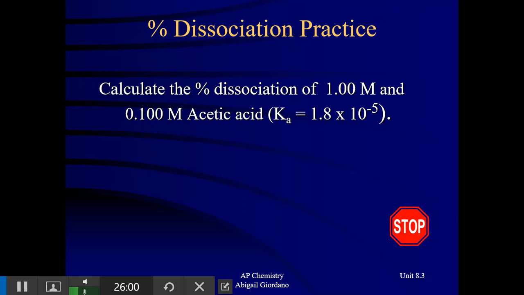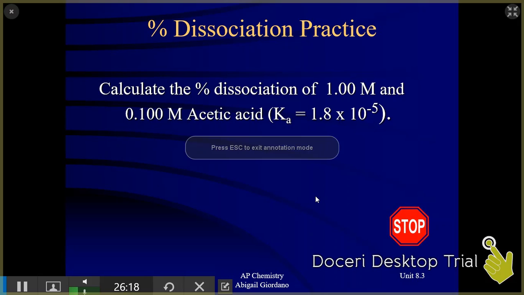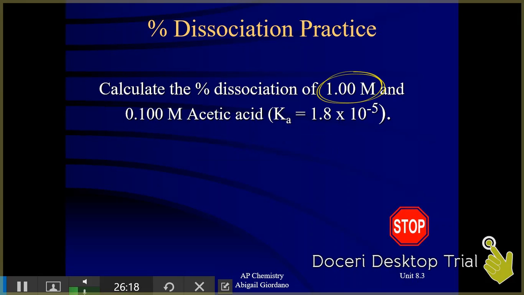It says, calculate the percent dissociation of a 1 molar and a 0.1 molar acetic acid, and then we're given the Ka. This is actually two problems in one. What I want you to do just for now is focus your attention with that as the initial molarity and ignore this one just for the moment. Just pretend it's not even there.